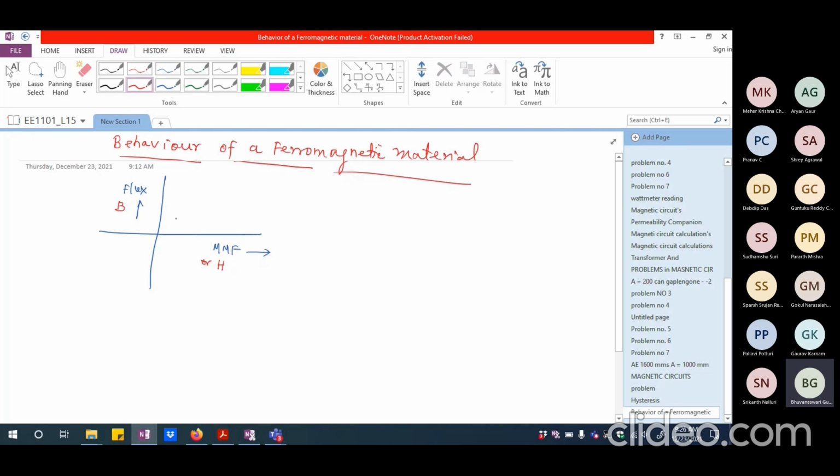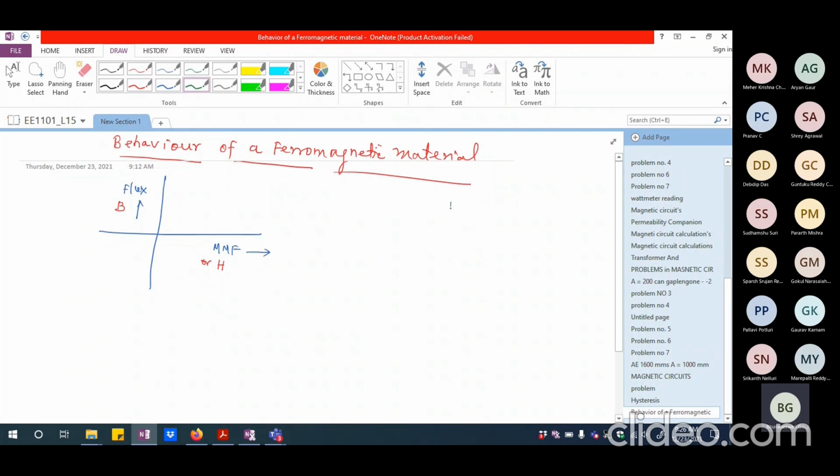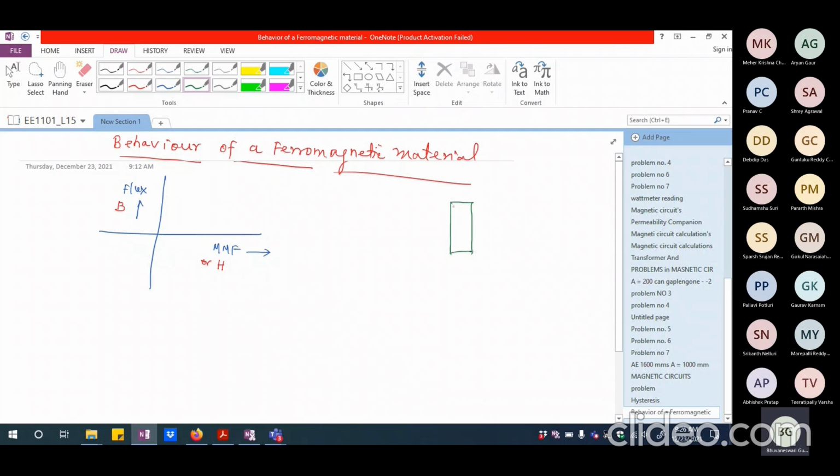When I draw the characteristic, let us say I'm going to have a ferromagnetic material somewhat like this. This is what I'm showing as the ferromagnetic material, maybe a three-dimensional one. And I'm going to have the wire going around somewhat like this, with current flowing through this wire, and N is the number of turns.